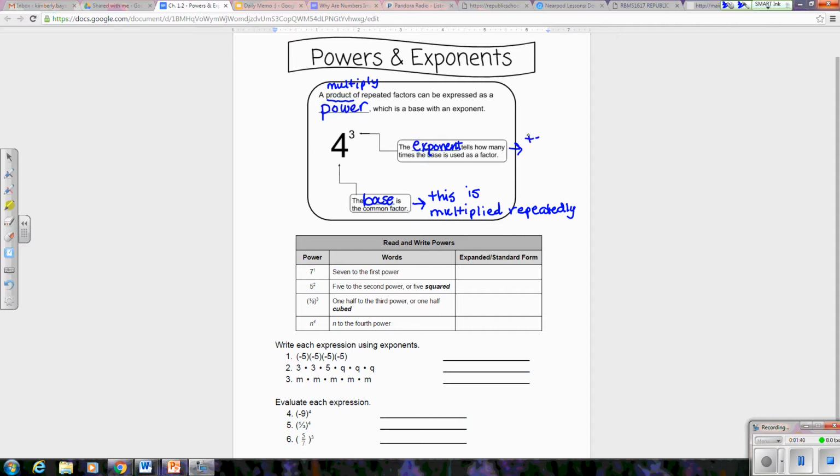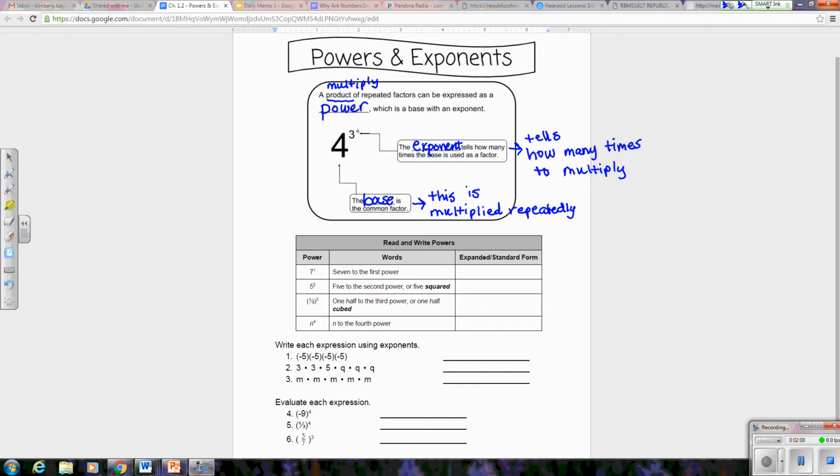So we can put here, tells how many times to multiply. How many times to multiply?